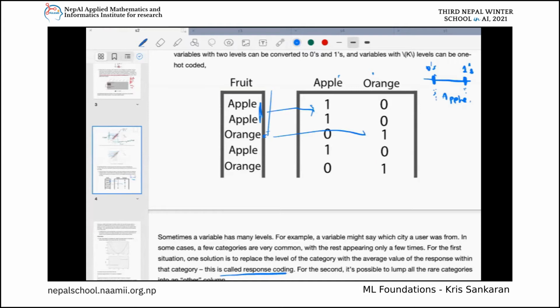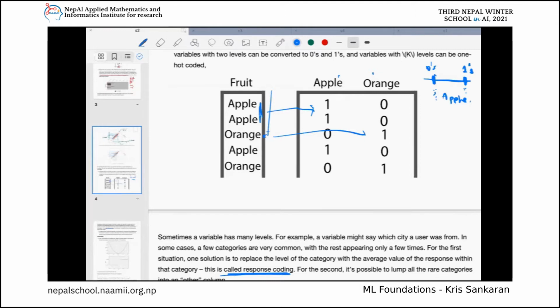What response coding would be like is imagine you had the election turnout for every city in a country, and there are going to be thousands of cities in this data set. It doesn't make sense to create 1,000 columns of zeros and ones that give the name of that city. There are too few observations for each city.